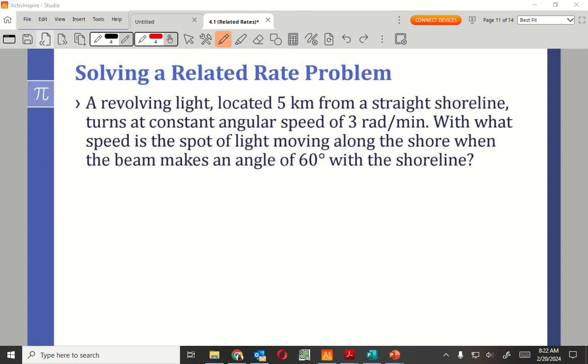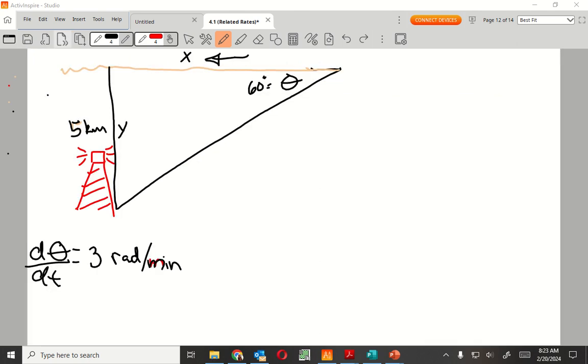What speed is the spotlight moving along the shore when the beam makes the angle? It's actually the speed of the spotlight along the shore. So that means it's going to be a dx that I'm looking for. I'm looking for the dx/dt because it's moving along this way. So I'm looking for that rate of dx/dt.